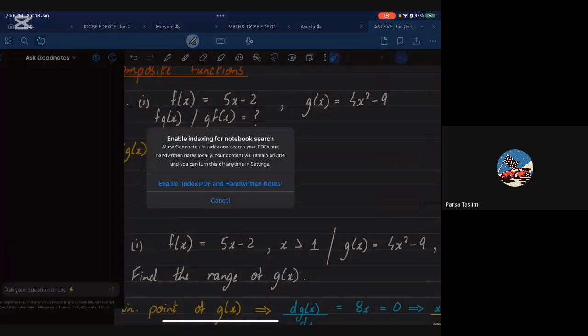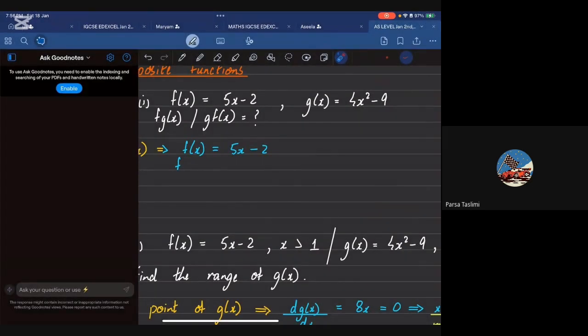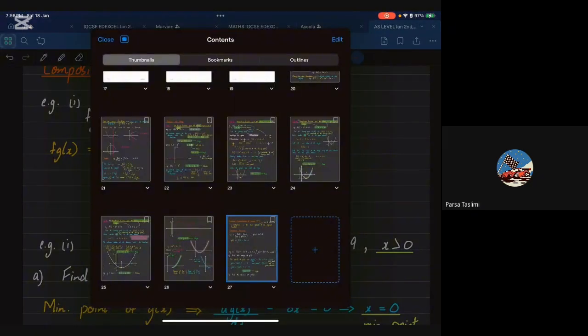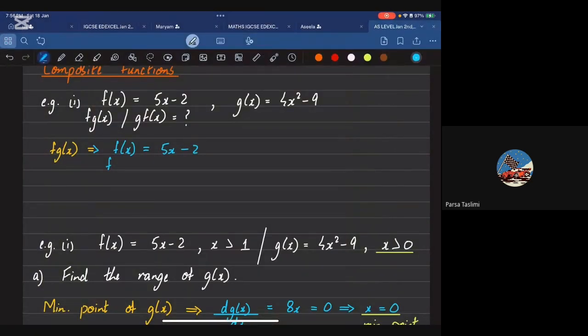But now if it says f g of x, instead of inputting any value into x, you're going to input an entire function over here. The entire g of x is going to take its place, and you're actually going to write it out, not the notation alone.